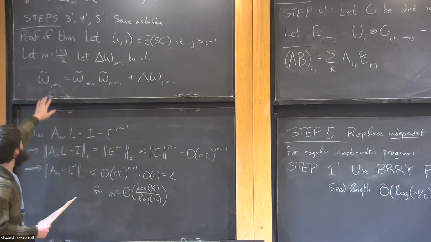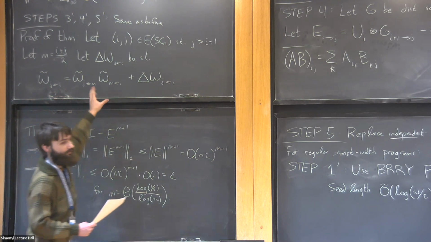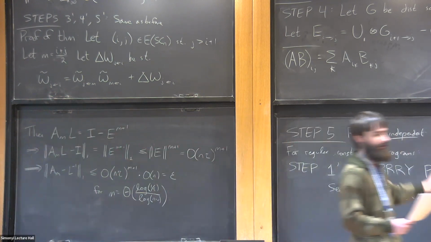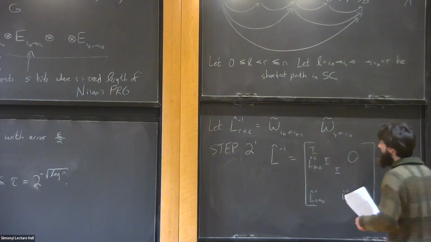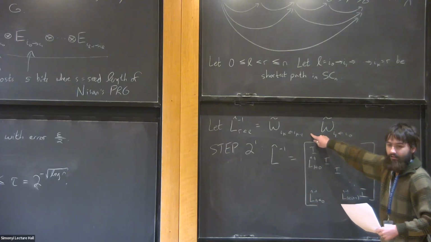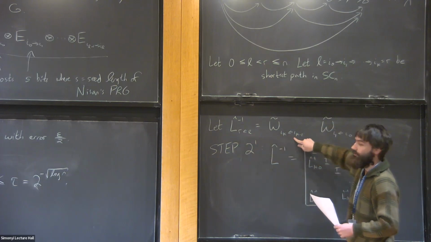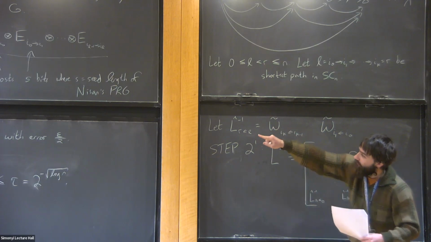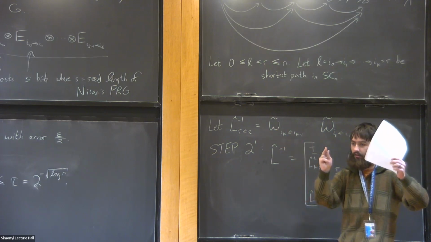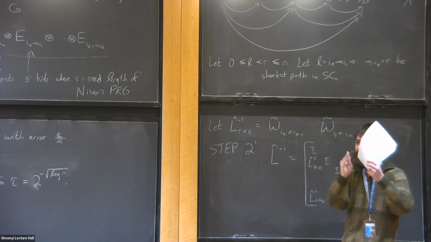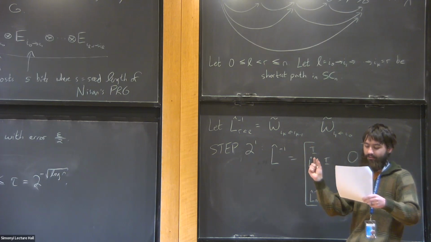Now we have this formula for W tilde j from i in terms of shorter edges in the graph. Let's substitute that into the formula for a block of L hat inverse, which is in terms of these W tildes. By substituting that in, we're replacing long edges with short edges. We'll do that recursively, over and over again to shorten all the edges, until we're down to length 1 edges.